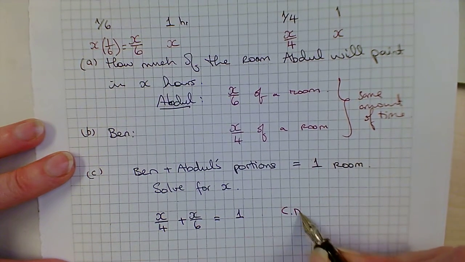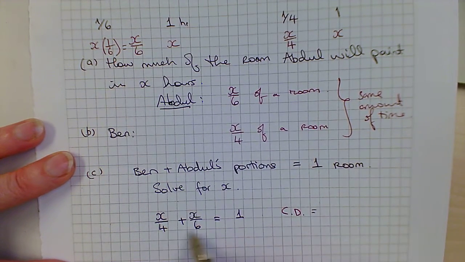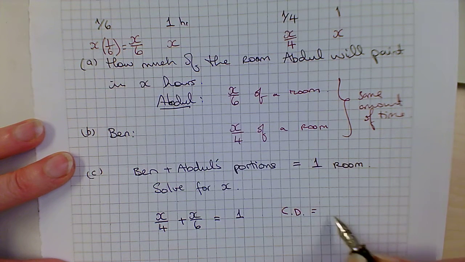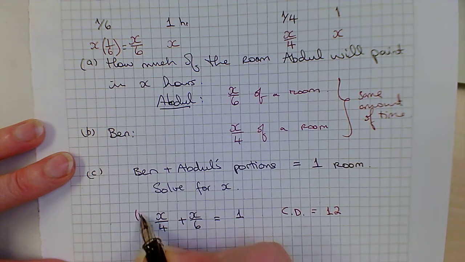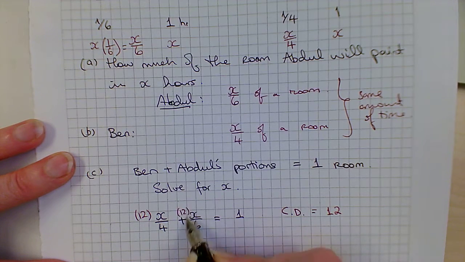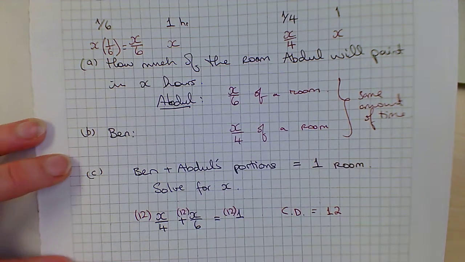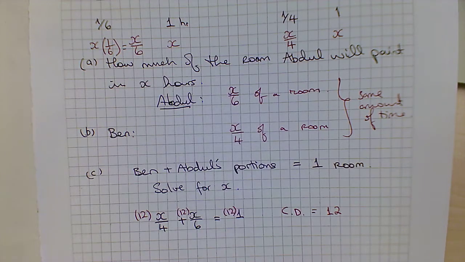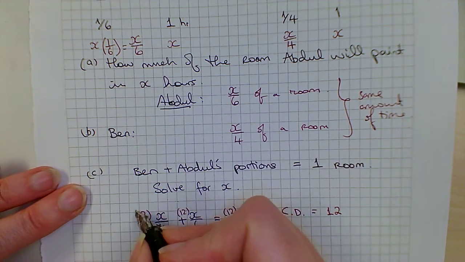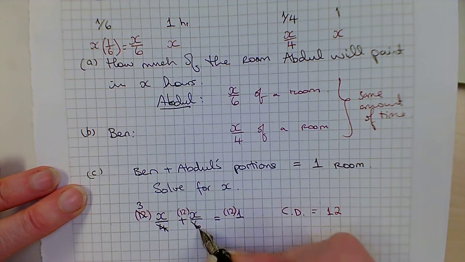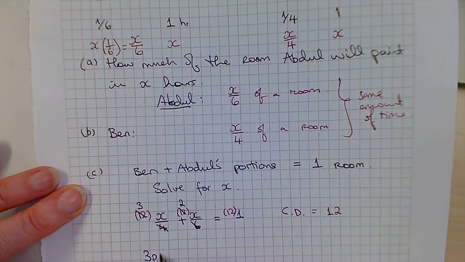We find our common denominator, which is the LCM of 4 and 6. What's the smallest number they both go into? It's 12. And we multiply every part of our equation by 12. What happens is 4 divides into 12 3 times, 6 divides into 12 twice, and we end up with 3x plus 2x equal to 12 times 1, which is 12.